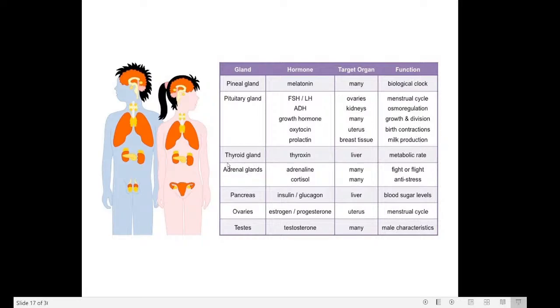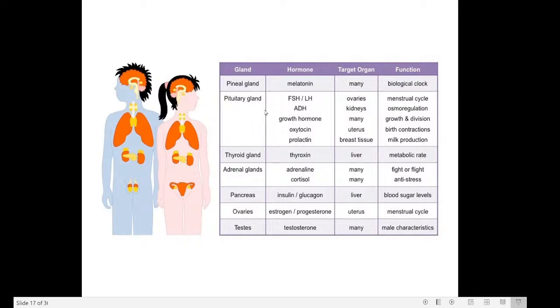The thyroid gland is involved in the metabolic rate. The adrenal gland is involved in fight or flight, anti-stress. The pancreas is involved in insulin production and the blood sugar level. The ovary is involved in the menstrual cycle, and the testes in male characteristics.